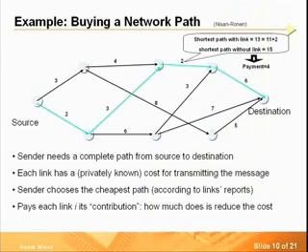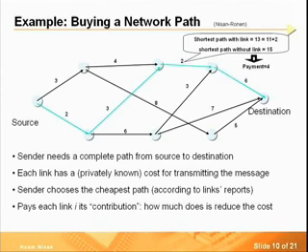So let me give an example for this. Suppose that we have some kind of network, and this is like a shortest path problem that we learn in an algorithms course. I want to send a single message from the source to the destination, and each link has some kind of cost. How much does it really cost to send a message on that link? And the question is, how should I send the message from source to destination?